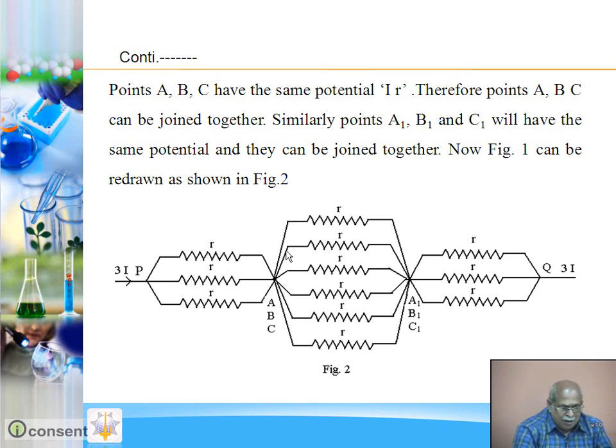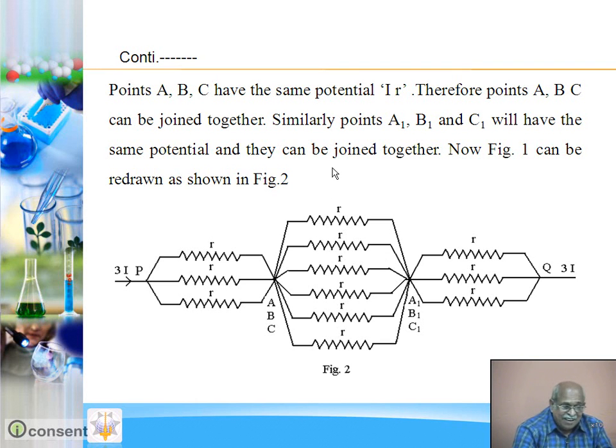Next, A1, B1, C1 are together. Now resistance from A1 to Q is R, resistance from B1 to Q is R, resistance from C1 to Q is R. So these three are once again in parallel. Out of 12 edges, 3 here, 3 here, all the 6 remaining.